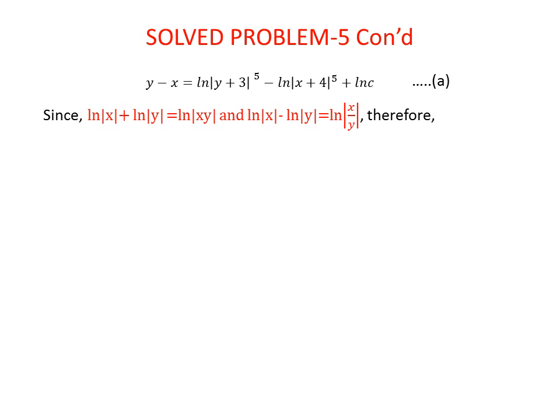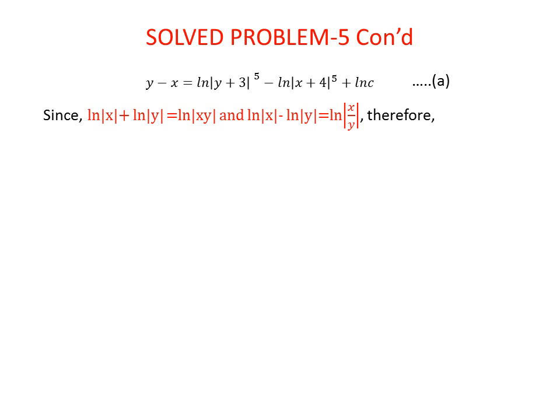The first is whenever we add 2 natural logarithm terms, the result will be the product of the arguments of the natural logarithm. The second says that whenever we subtract 2 natural logarithm terms, we can write the result as the division of the first by the second.